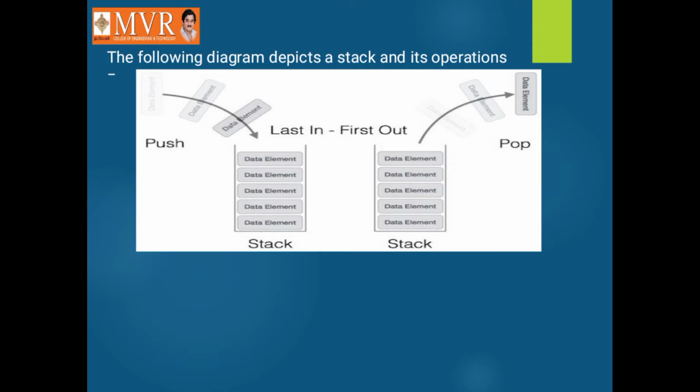Here in the first figure we see the push operation, that is, the data elements are inserted into the stack, and in the next figure, if you observe, we will be removing the data items or elements from the stack one by one from one end only, that is, from the top of the stack, and this operation is shown as pop.